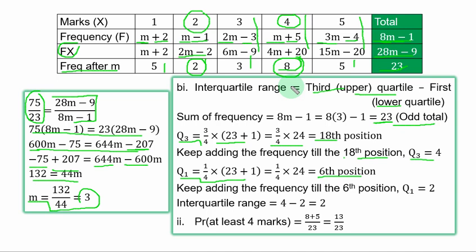So the first quartile is equal to 2. Interquartile range becomes 4 minus 2, and that is 2.